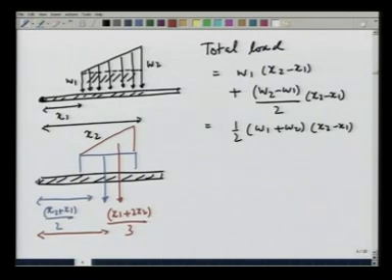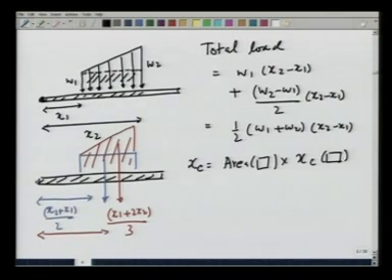So, I can take these two loads and calculate the effective centroid for this entire area, and that, from our previous lecture, is x_c equals area of the rectangle times x_c of the rectangle, just writing it symbolically, plus area of the triangle times x_c of the triangle, divided by the total area.